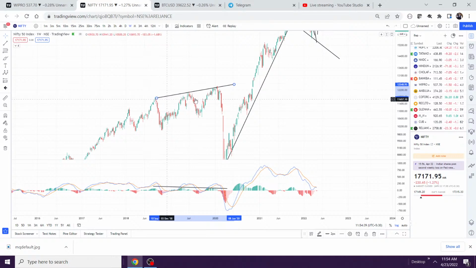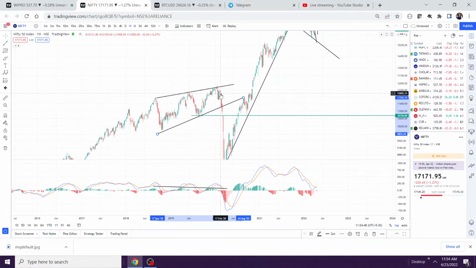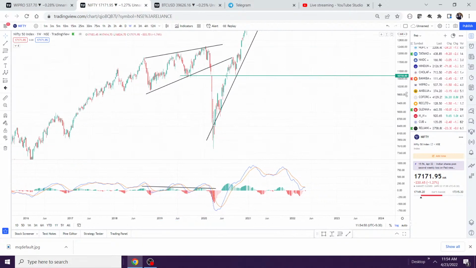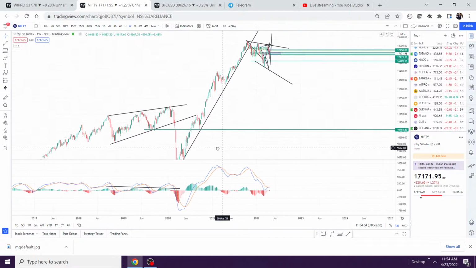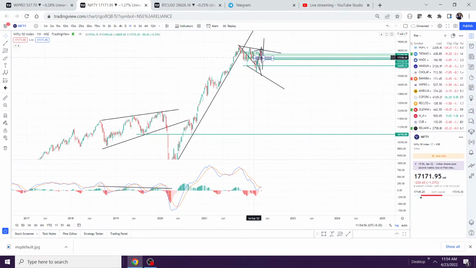This peak is above this peak, which is above this. Whenever you see a pattern like this and price starts to move below this point, there will always be a very fast down move, and this is the time to buy put options. But if you are getting a normal correction, then you can sell the call, but you don't have to buy the puts.